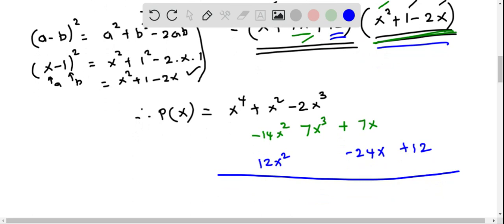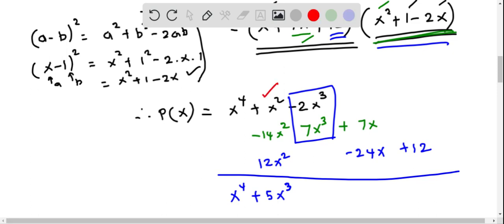So the first term, or the fourth power term, is x power 4. Now I'm going to write this term. 7 minus 2 is plus 5, so I put 5x cube. Now I add all the x squared terms. Here we have one x squared term, and this plus 12x squared term will be 13x squared term, and we also have negative 14x squared term.